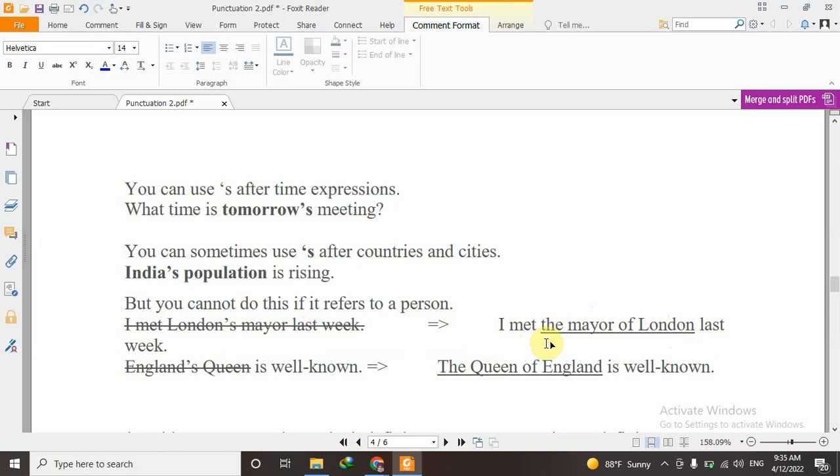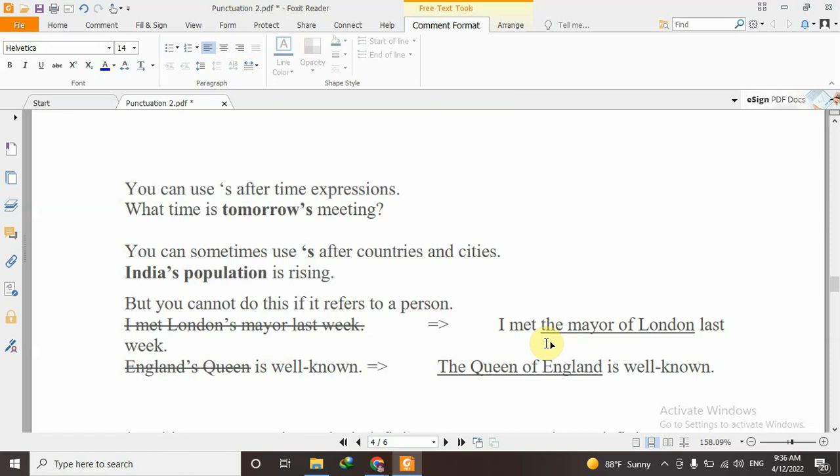The same thing with England's queen. England's queen is well known. No, you are going to say the Queen of England is well known. By the way, in American writing and sometimes even in British, they use England's queen, but using it has another meaning.